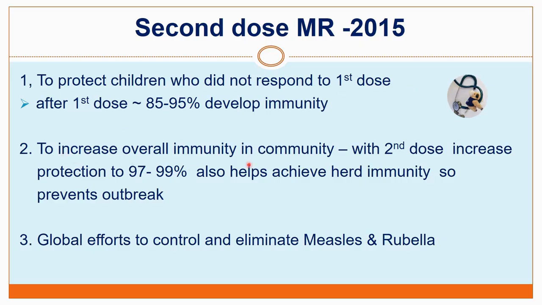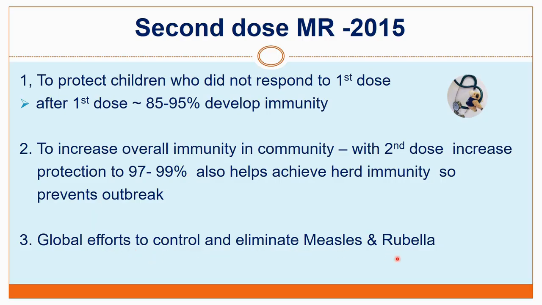So the second dose would be a boostering dose. Number two, to increase the overall immunity in the community, because with the second dose it was seen that the immunity increased to 97 to 99%. So if the protection is so good, it helps to achieve herd immunity. And if herd immunity is achieved, then it prevents outbreak. So the second dose was planned.